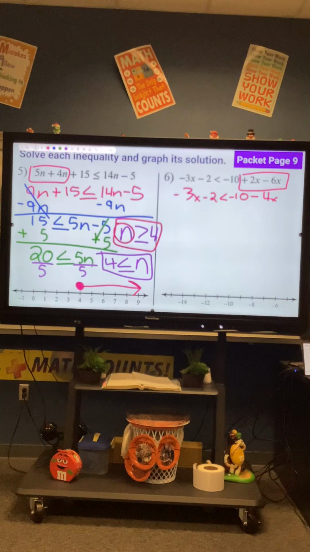So, there's a couple things you can do. You can put your x's on the same side. You can put your constants on the same side. What do you want to do? Do we want x on our left side or x on our right side? There's no wrong answer. It's just whatever you want to do. On the left. So what do I have to do to make sure my x is on the left side?